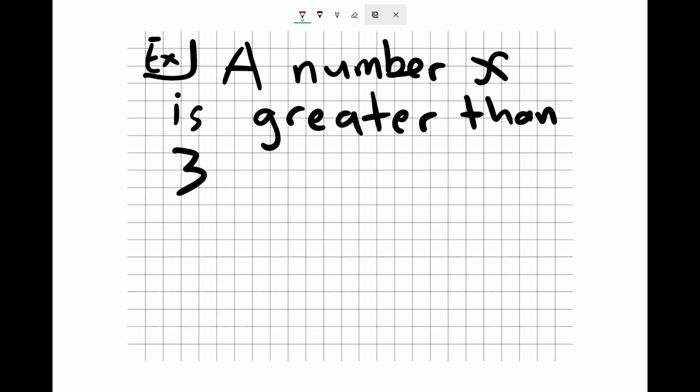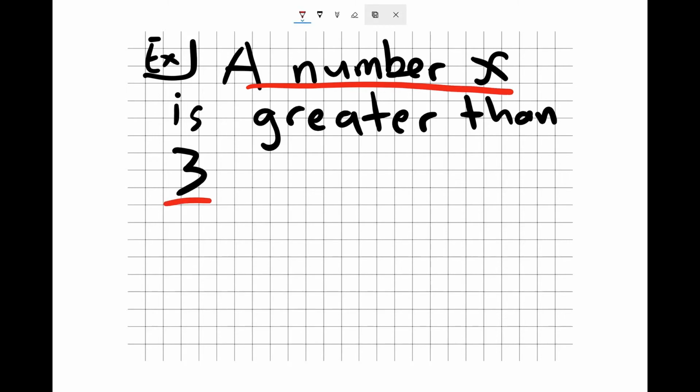In this particular example, you are looking at a sentence with words. You want to translate that into a numerical expression or a mathematical sentence, whichever you want to look at it. And again, by the definition provided by your book, an inequality is a mathematical sentence that compares expressions. In this particular case, you are comparing a number x and you are comparing 3.